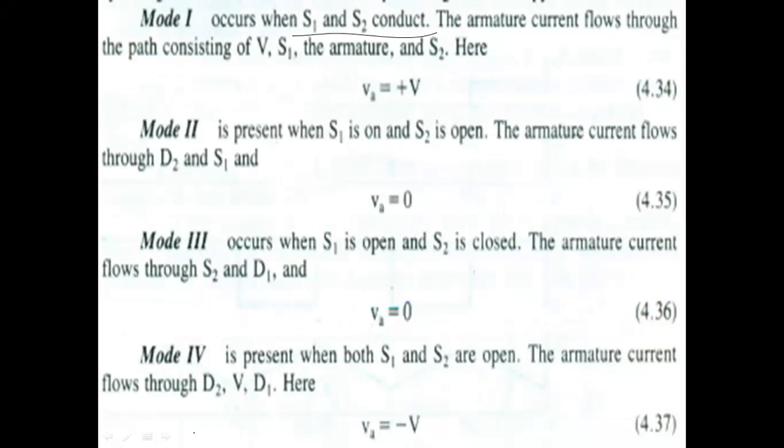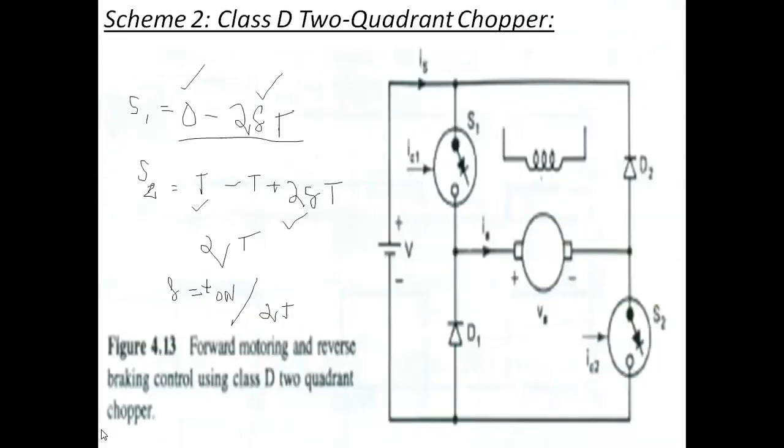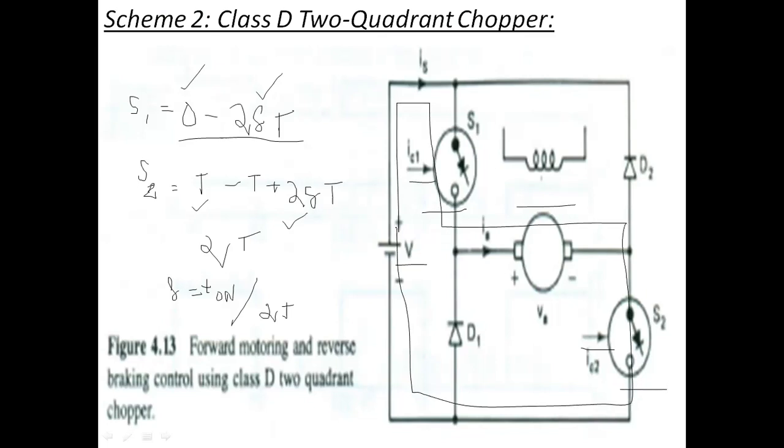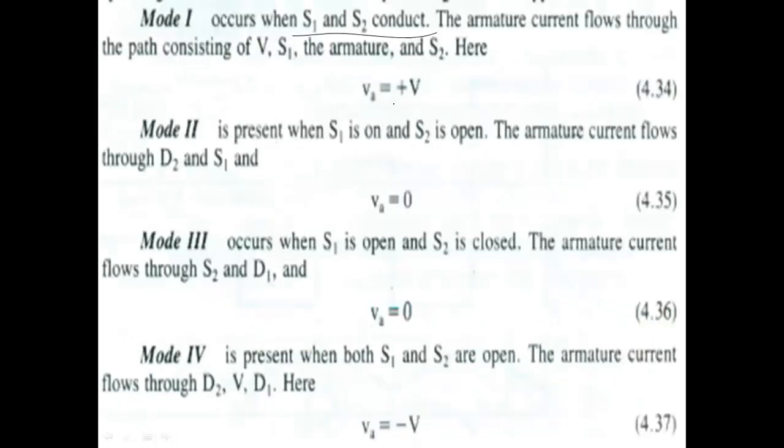The armature current will flow from V through S1, the armature, and S2, and again reaches V. This is the current loop. From here, VA is equal to plus V. It is positive.